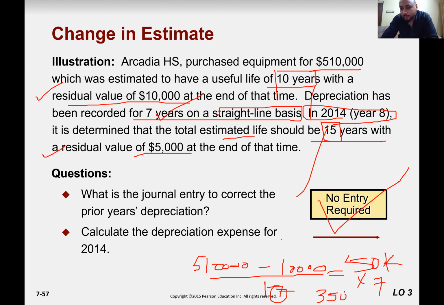It means 7 depreciation we already have recorded. So book value gonna be original cost minus the accumulated depreciation, which is 350,000 here, right? Now we have increased the life from 10 to 15 years, right?